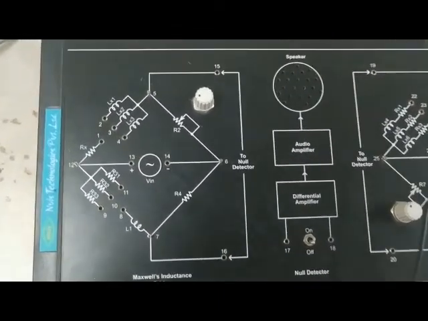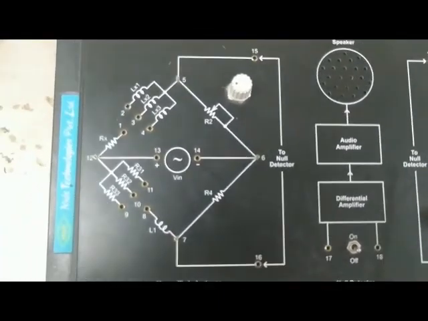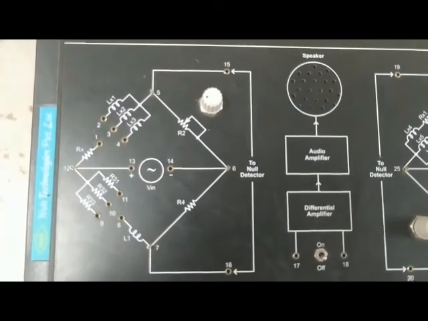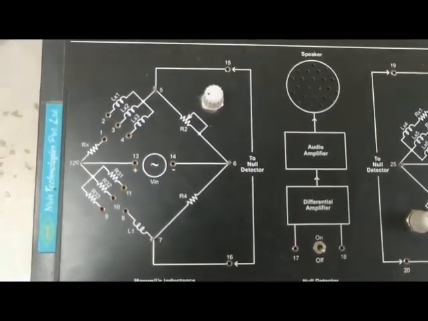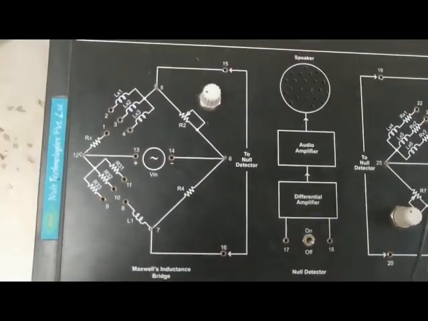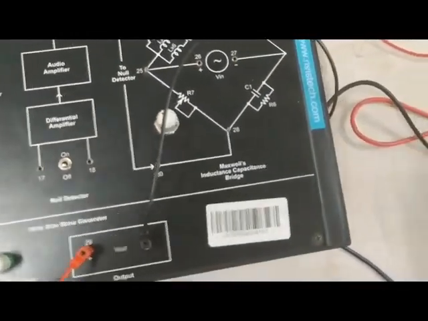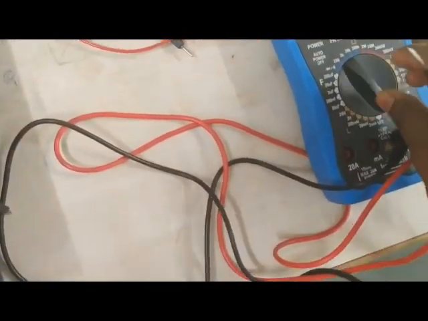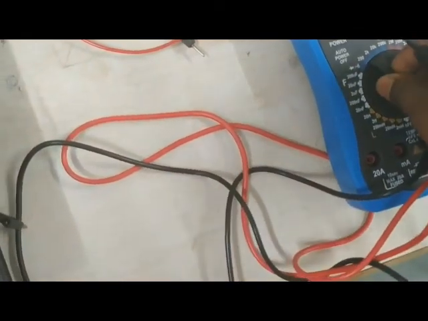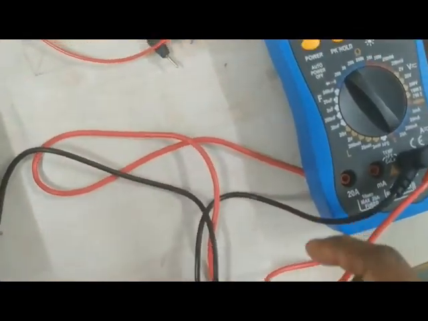And take the reading. Take the value of R2 using the multimeter. It is set in 2000 ohm or 2K.